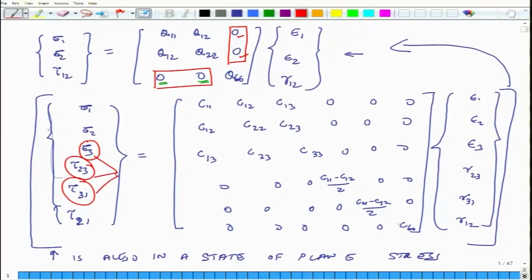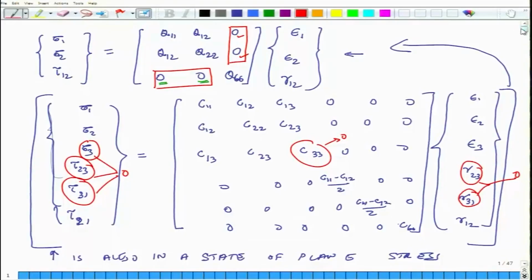So, these are 0 in plane stress, and because of that we can also say that gamma 31 and gamma 23 are 0, okay, and also C33 is 0.